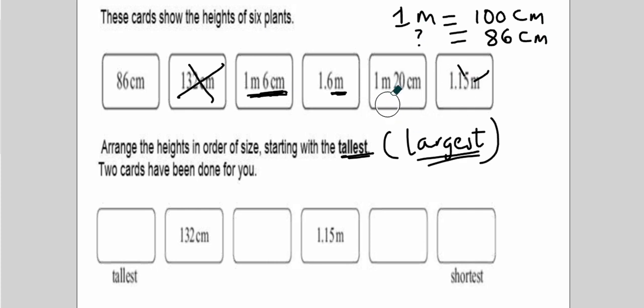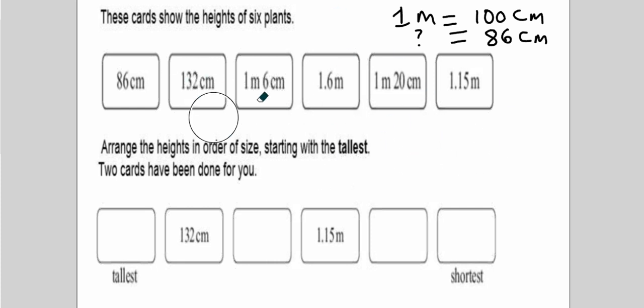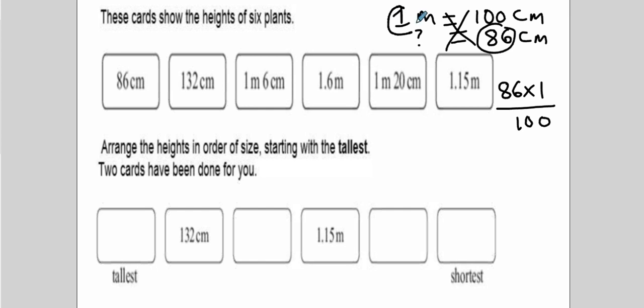When you cross multiply, the work is easy. What we do is 86 times 1, then divide by 100. Can you see that? So we do 86 times 1 divided by 100.